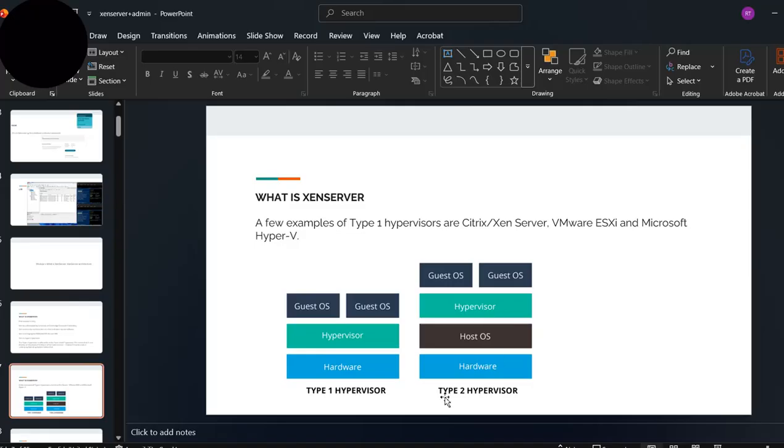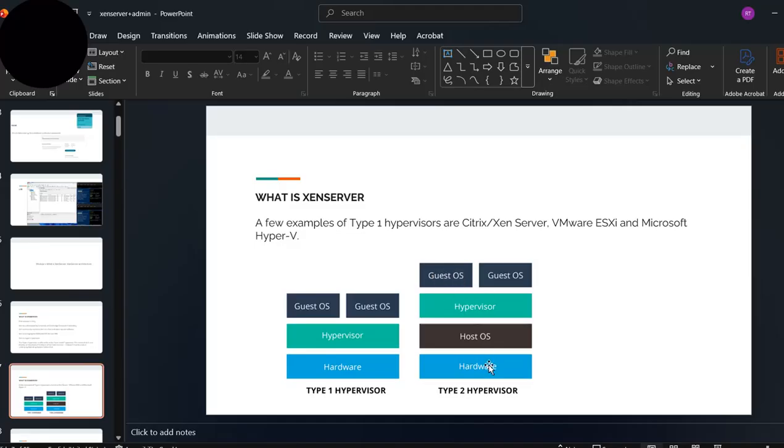The difference with type 2 is that type 2 hypervisors are not directly installed on hardware. The hardware has its own operating system, and on this operating system we install the hypervisor, and the hypervisor maintains all the VMs. This is the VM.